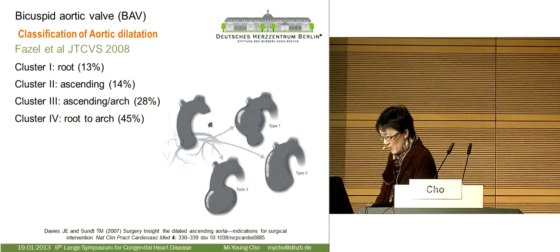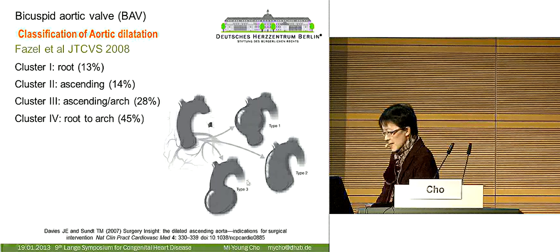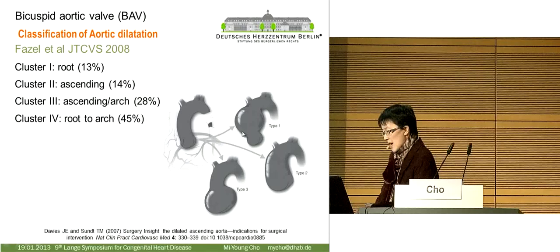So there are different classification models to describe aortic dilatation. Sievers, for example, describes types A, B, and C. If you have an enlargement of the ascending aorta above the sinotubular junction, that is type 1. Type 2 is where the aortic root is enlarged and the ascending aorta is enlarged, and type 3 is where just the aortic root is enlarged.